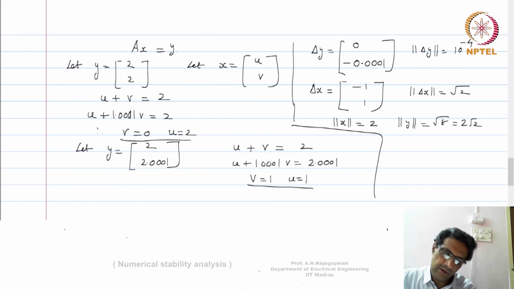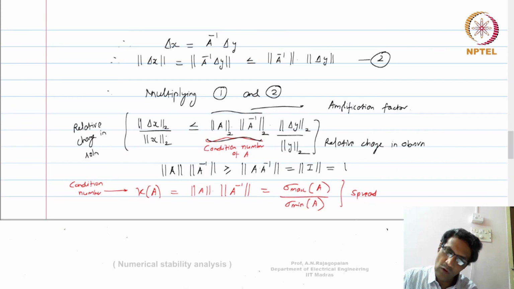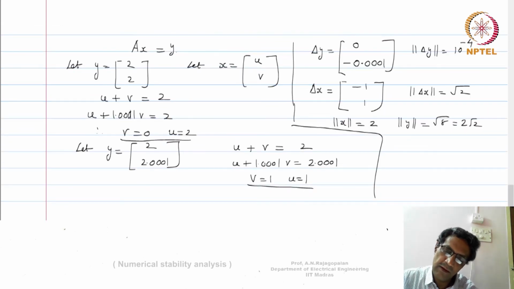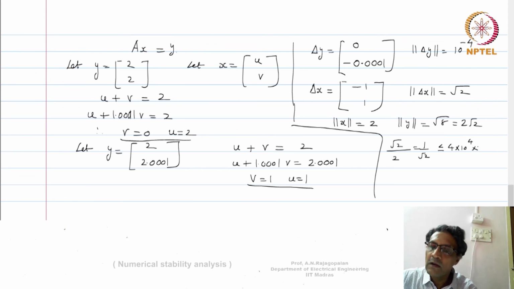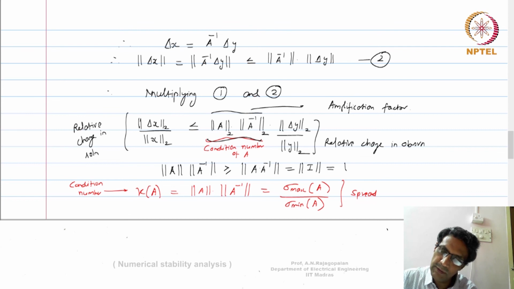Okay, therefore, according to our expression, this inequality, norm delta x by norm x, so norm delta x is root 2, by norm x, which is 2, is equal to 1 by root 2. It should be less than or equal to the amplification factor kappa. Kappa of A was 4 into 10 power 4, into norm delta y by norm y.